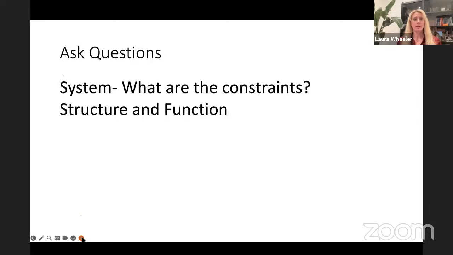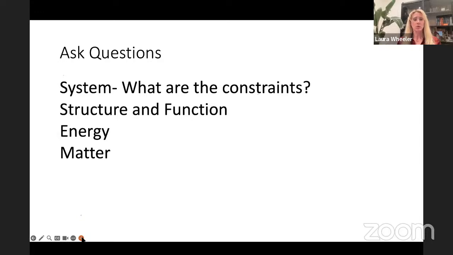Or we might say, what are some of the constraints that affect the materials? What are some of the constraints on the structures?